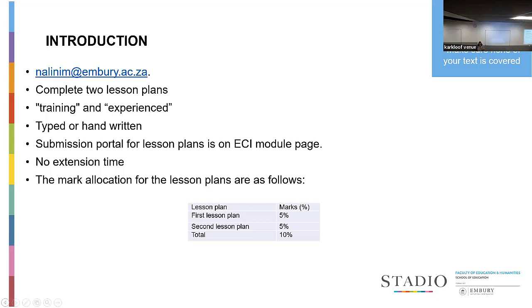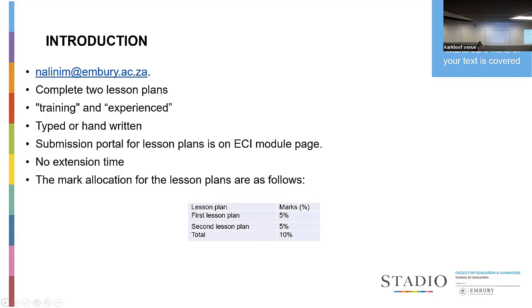All lesson plans can either be typed or handwritten. The submission portal for lesson plans is on the ECI module page. Note, there will be no extension for those who missed the due date.